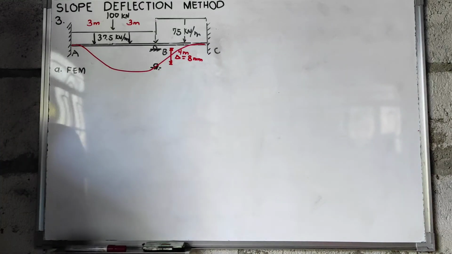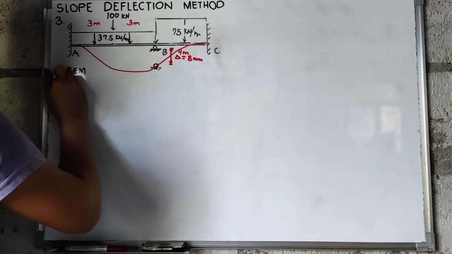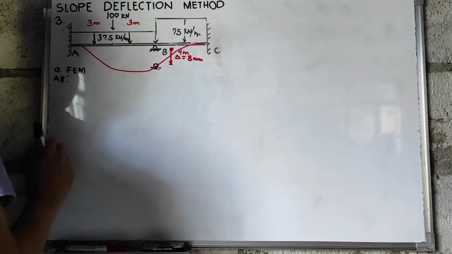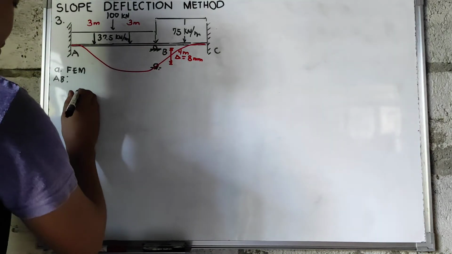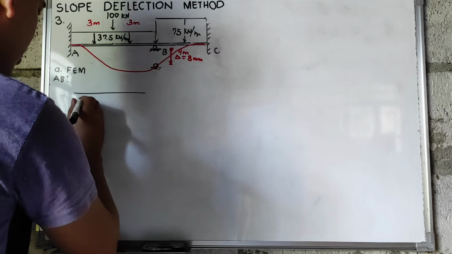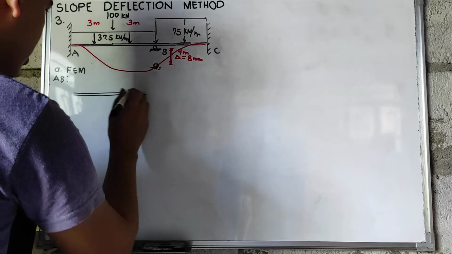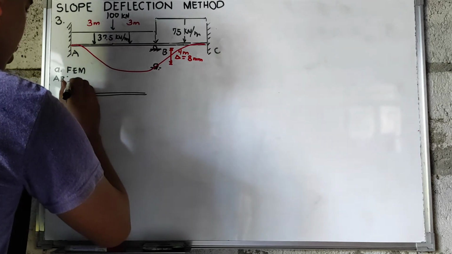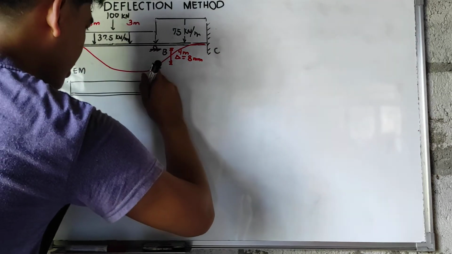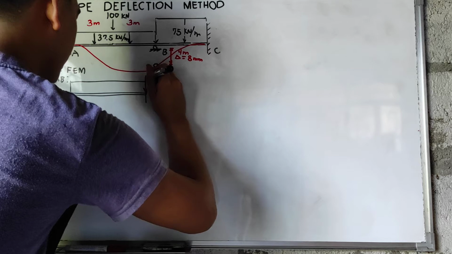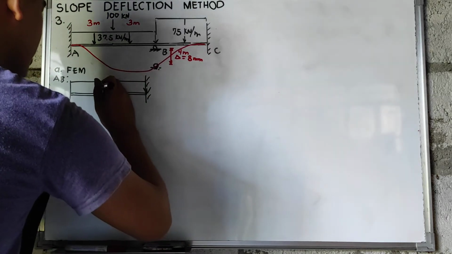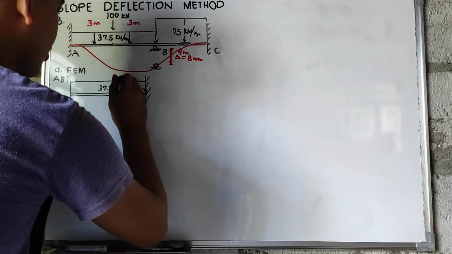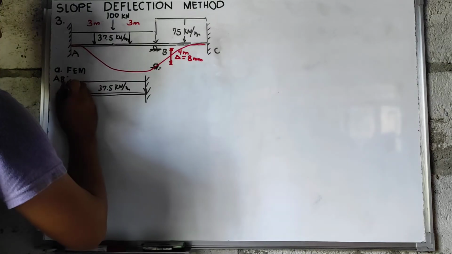First, we will just consider yung span AB natin. Meron tayo sa span AB, yung buong length ng beam natin, merong naka-apply na 37.5 kilonewton per meter.